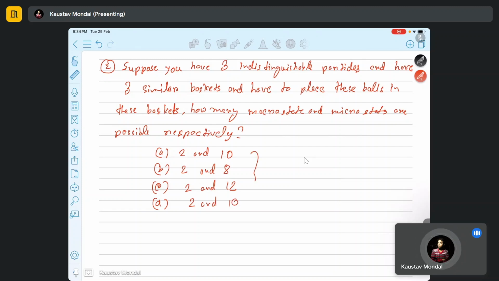So these are all the options given. The first number gives you the number of macrostates, and the second number gives you its corresponding microstates.